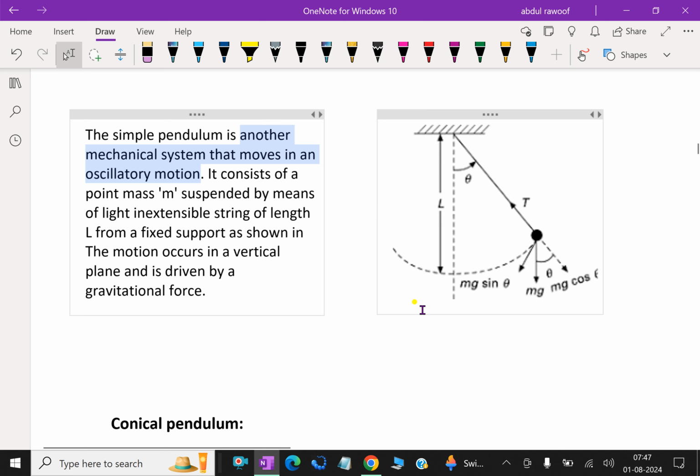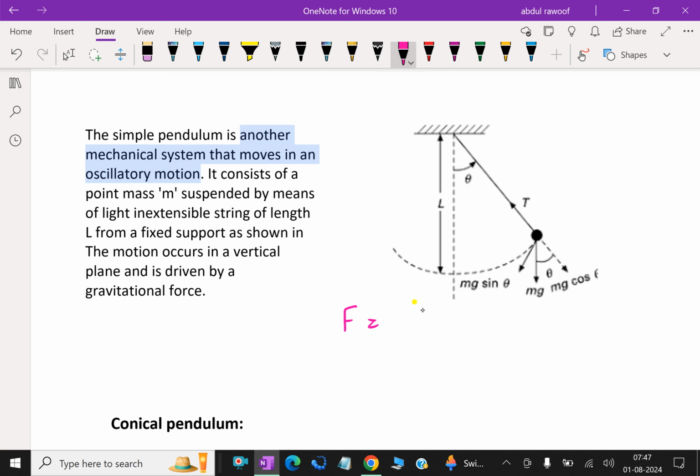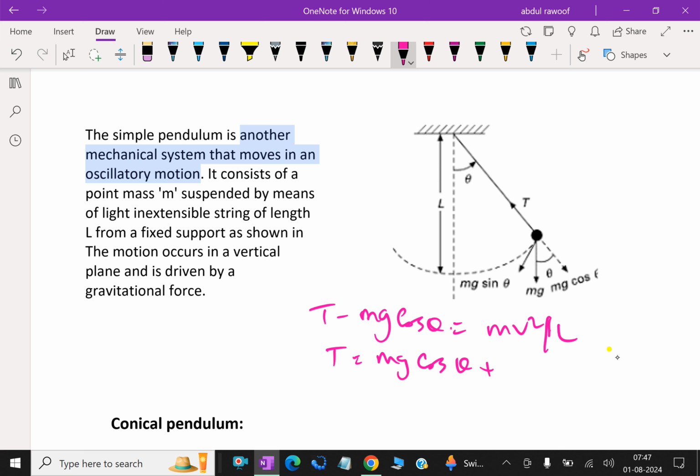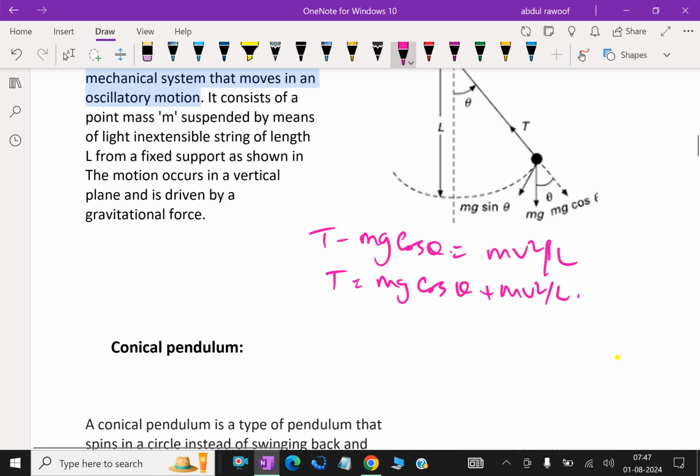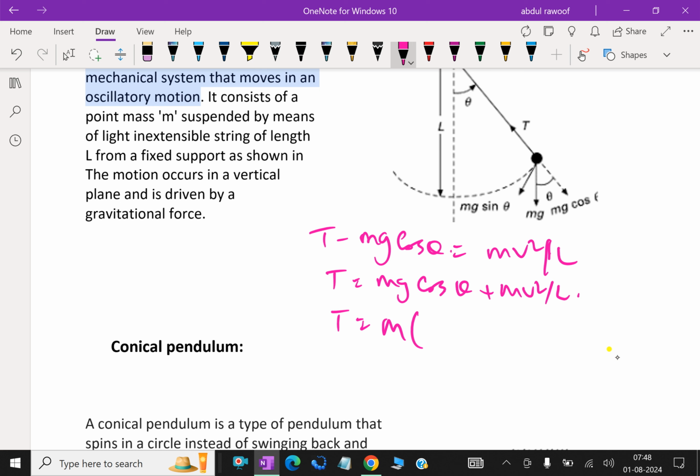Therefore, the force: before that, look at here, T minus mg cos theta, that is the tension force here, minus mg cos theta, which is equal to mv squared by L. Therefore, T equals mg cos theta plus mv squared by L. Further, T equals m, taking it out common, g cos theta plus v squared by L.